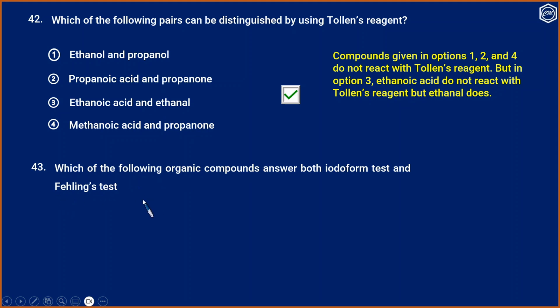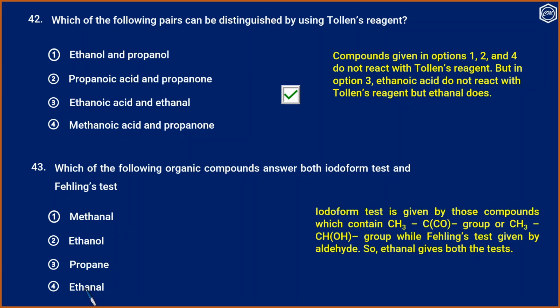Which of the following organic compounds answer both iodoform test and Fehling's test? Methanol, ethanol, propanal, ethanal. So ethanal will give both iodoform test and Fehling's test. Iodoform test is given by those compounds which contain CH3CO group or CH3CHOH group, while Fehling's test is given by aldehyde.